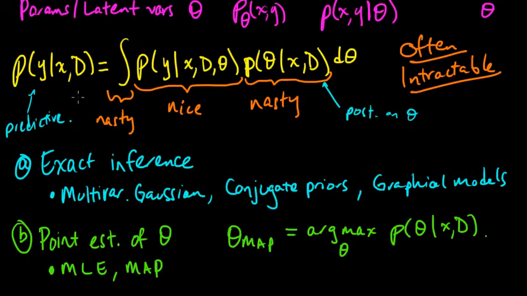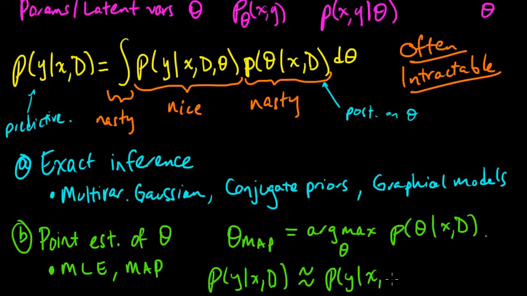And then you would approximate this predictive distribution on y, a crude approximation, by taking essentially a point mass at theta MAP. You would approximate the posterior by a point mass at theta MAP, and this would become just this part where you plug in theta MAP.